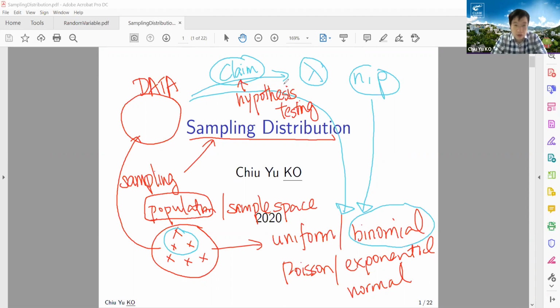And sometimes we want to do estimation. After the sampling, we do estimation. Suppose the government wants to test how many people have COVID-19.